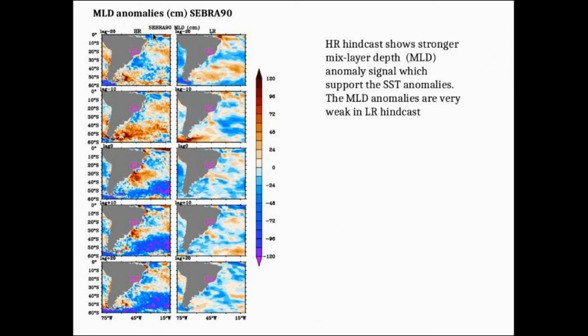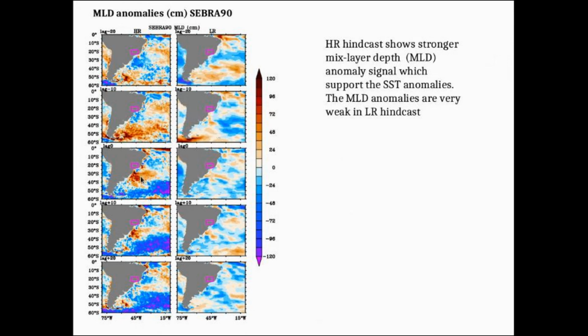Now we tried to see what components are attributing to this initial warming and mainly the cooling during the SABRA event. This figure shows the turbulent heat flux, which is positive when the ocean is receiving heat.